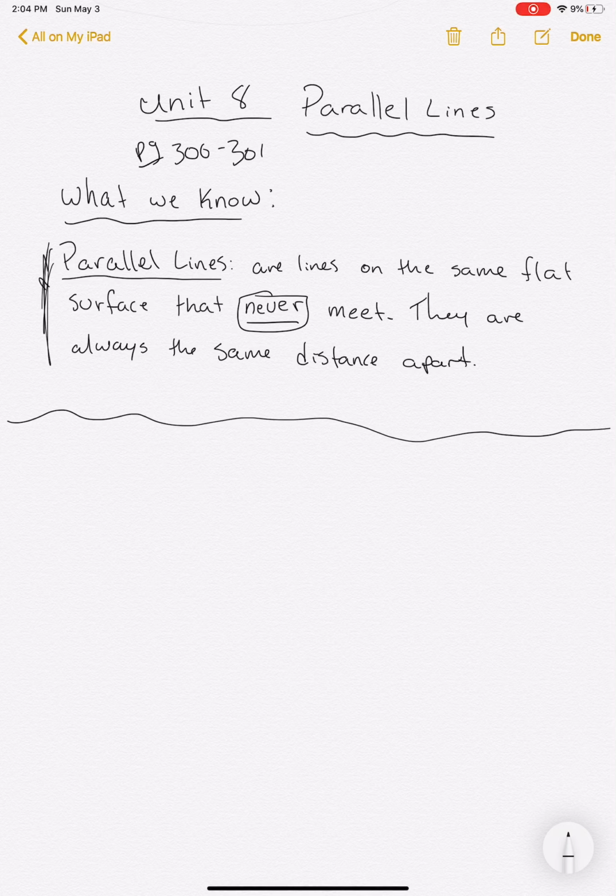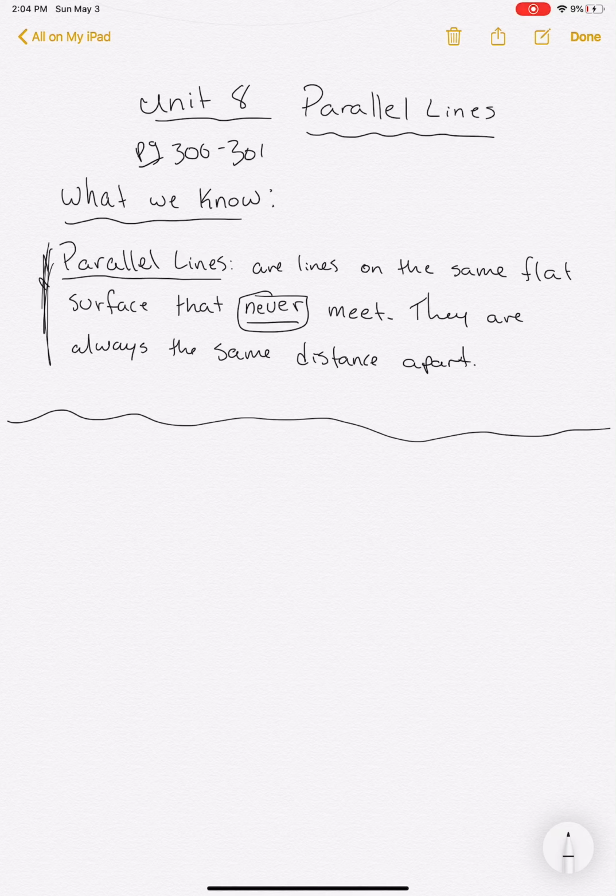Those are the three key points you need to know. If you watch the video I posted in the assignment on Google Classroom, you'll notice that just because lines never touch doesn't mean they're parallel, right? When we're talking about parallel lines, they're on a flat surface, like a piece of paper.